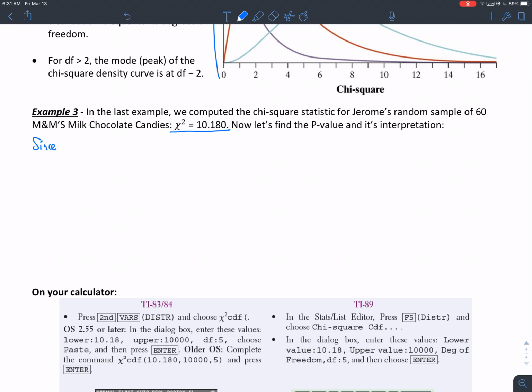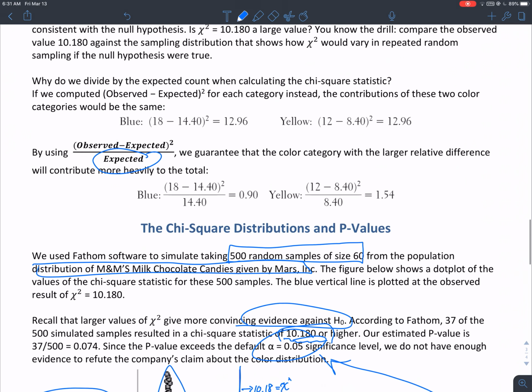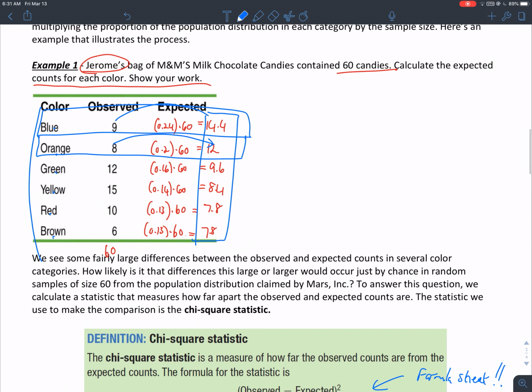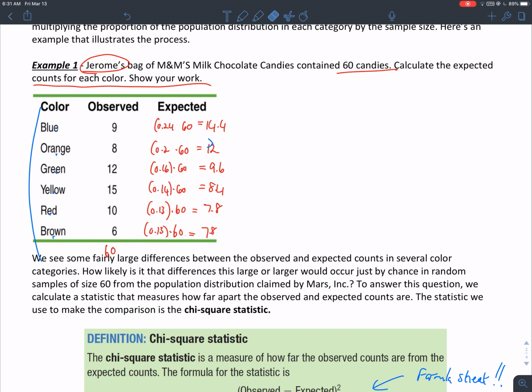Since we have to actually go and inspect something: since the expected values, and here are the expected values, were all at least 5. Now what you have to do to satisfy this for, let's say, an AP exam, is list all the expected values.